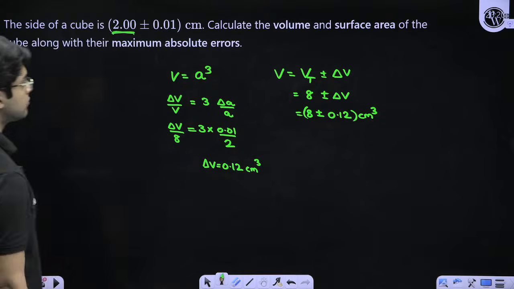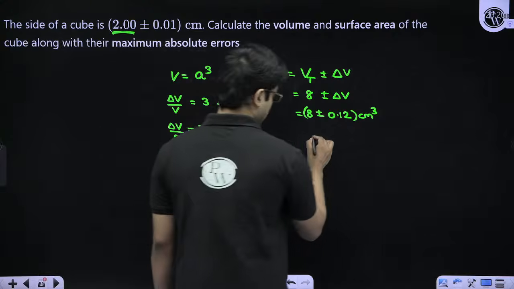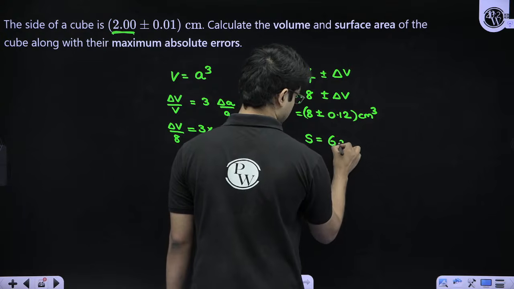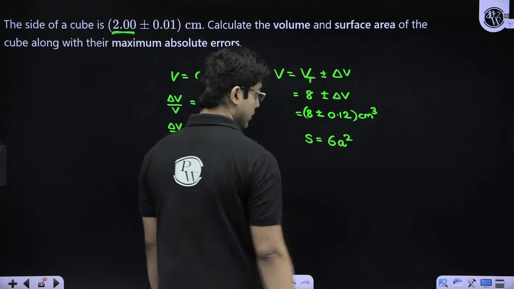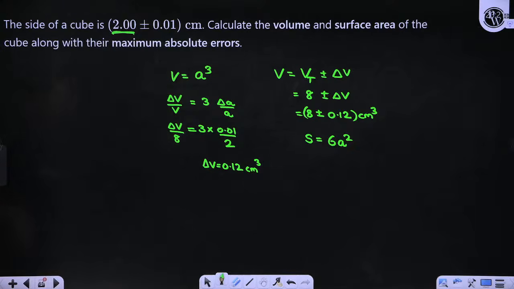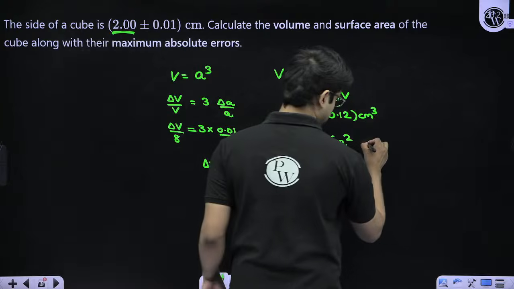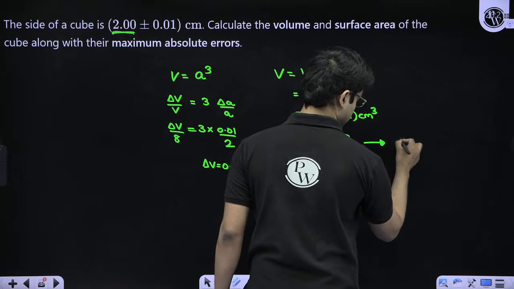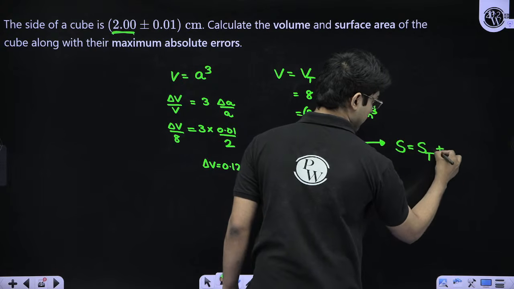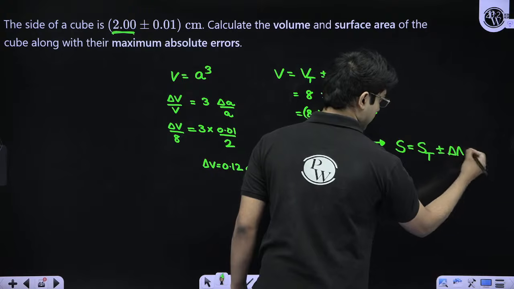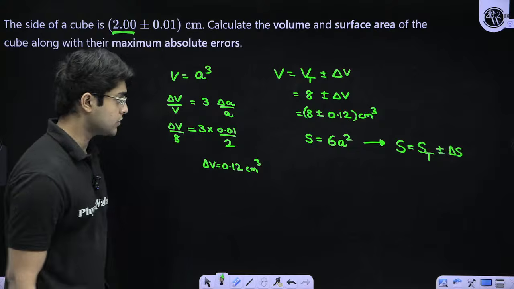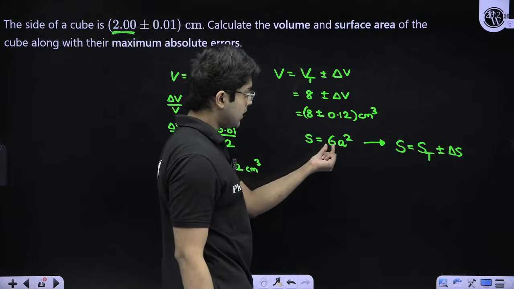Now how do you do the surface area? Surface area of a cube, you have to use the formula 6a square. There are 6 square faces of a square area. So surface area also you will express like this. Take this as homework. You will find the true value by doing 6a square, and you have to find the error. But pay attention to this thing: this 6 has nothing to do with the error.